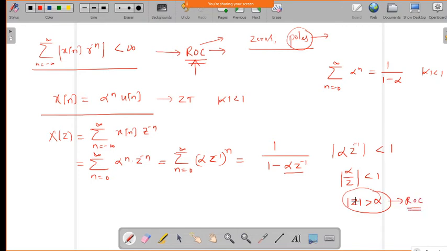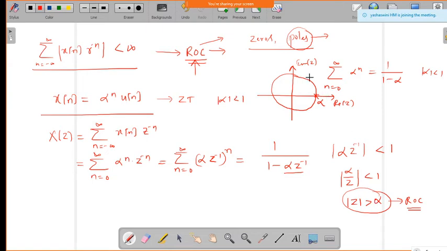In the complex z plane, with the imaginary part of z on one axis and the real part of z on the other, say this is the value alpha. Whenever you take any z value greater than alpha, that area is called the region of convergence.